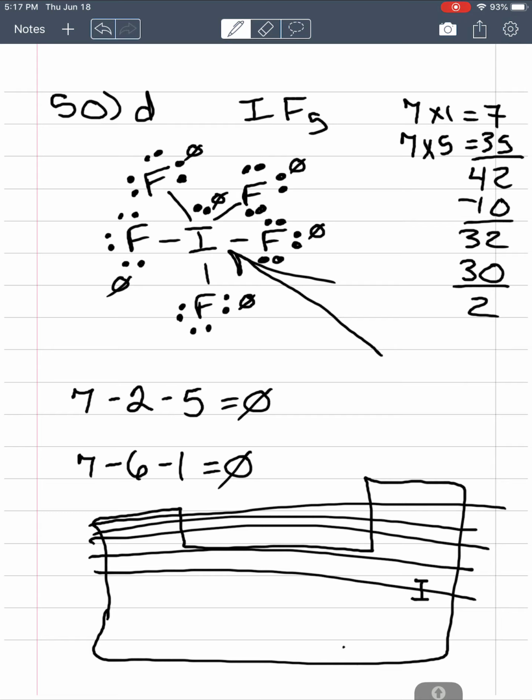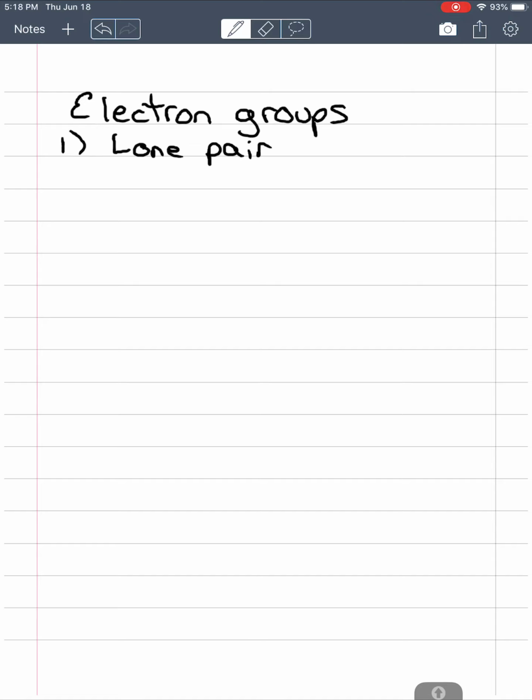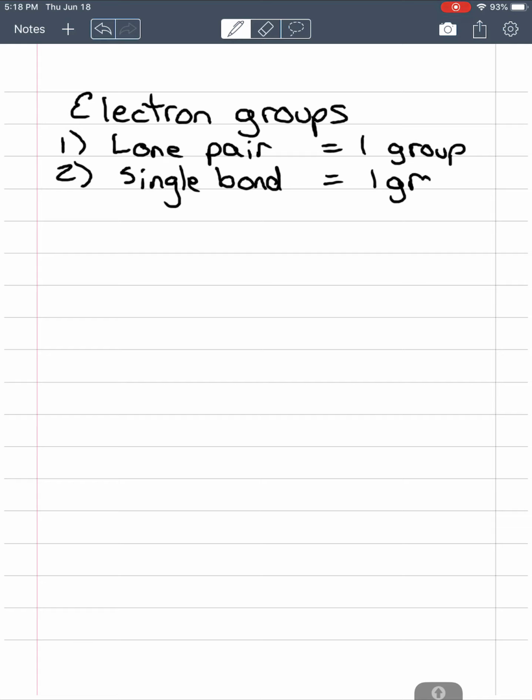All right, so let's go on to the next section, and we're going to start VSEPR theory. We're going to start by talking about what electron groups are. There are several different types. A lone pair is one group. A single bond is one group.